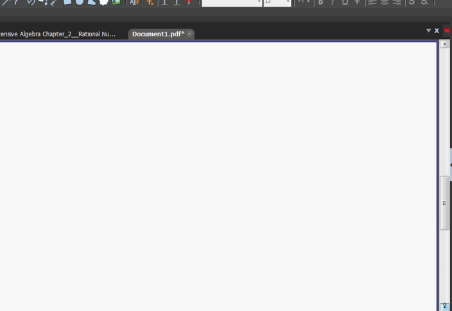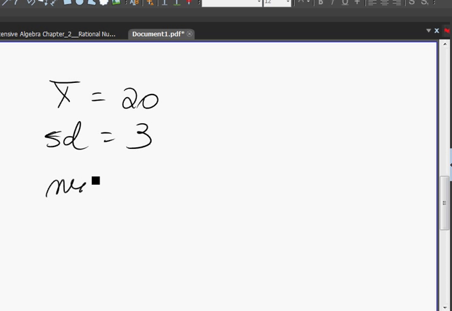So let's just look at a problem here. Let's say that you had some data set that had a mean of 20, a standard deviation of 3, a median of 19, and an IQR of 5.